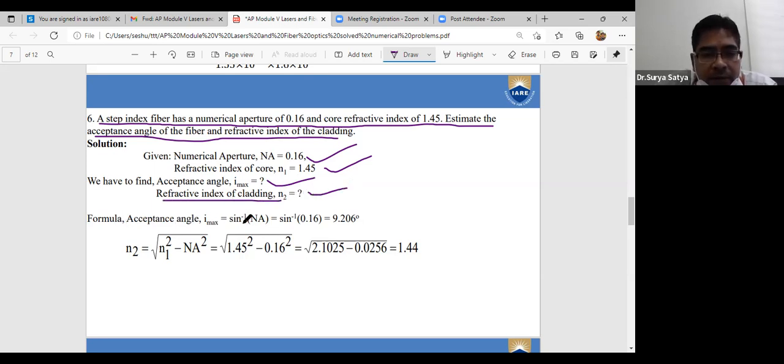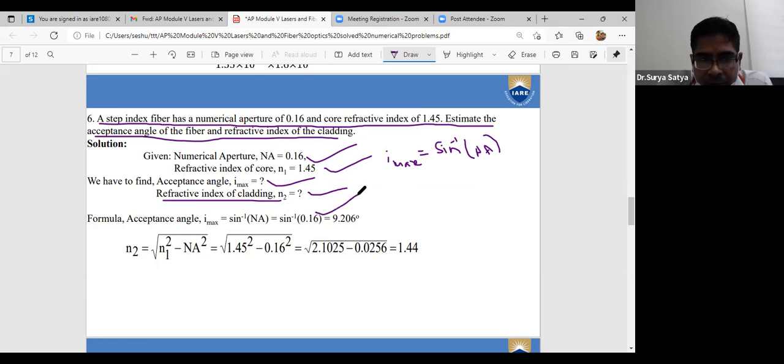So the formula is, NA is equal to sine of the maximum angle. Therefore, I maximum is equal to sine inverse of NA, where NA is the numerical aperture.